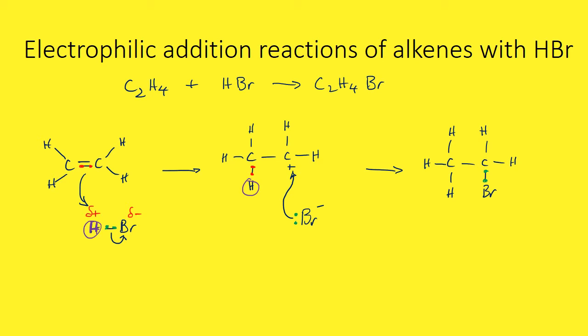That is the electrophilic addition reaction that we dealt with before, but it's good to have a reminder because now we're going to go and look at this reaction mechanism as it happens in asymmetrical alkenes.